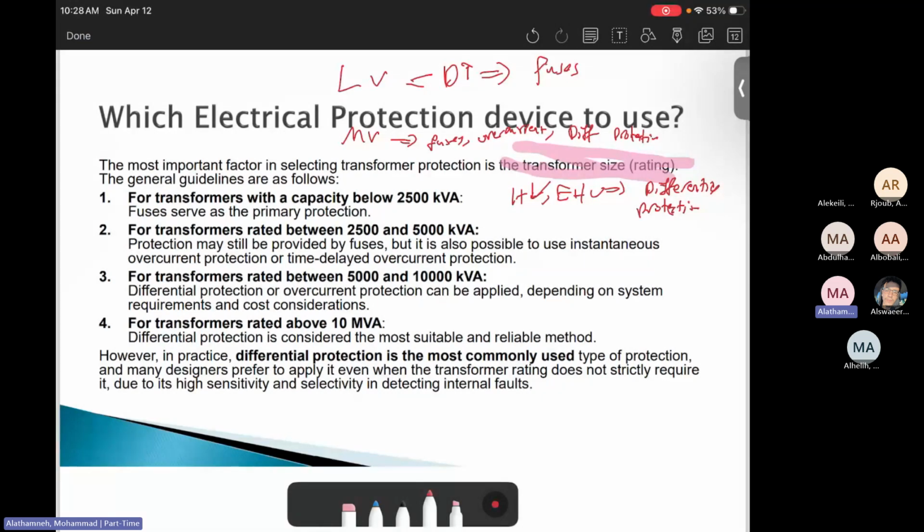Therefore, we return the transformer and the power lines back in service without sending the maintenance team, within a few seconds instead of waiting hours, or maybe 30 minutes to 1 hour, for the maintenance team to fix the problem or replace the fuse. So the higher the voltage or power, the higher the risk, and the more money we spend on protection by using overcurrent and differential protection.